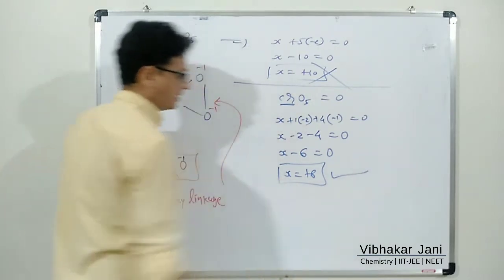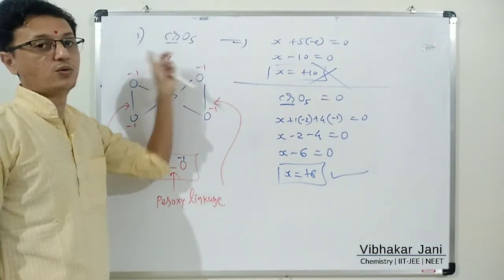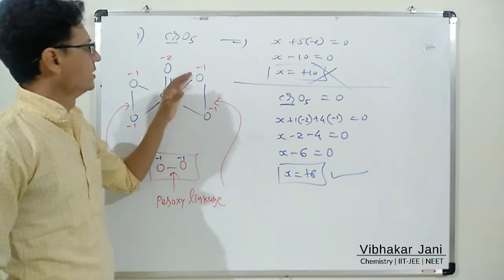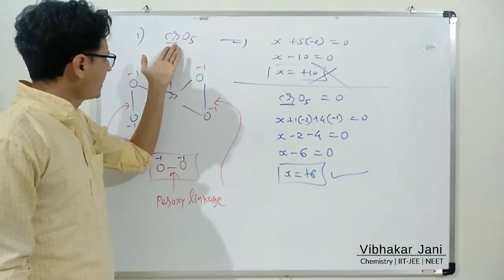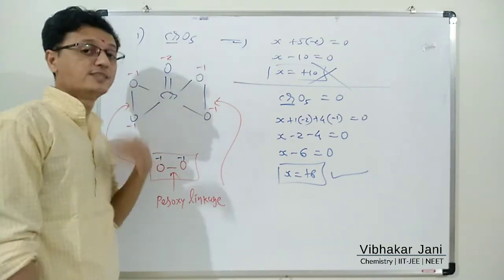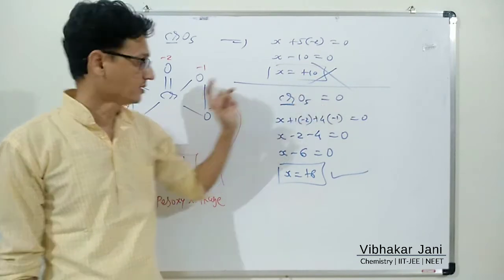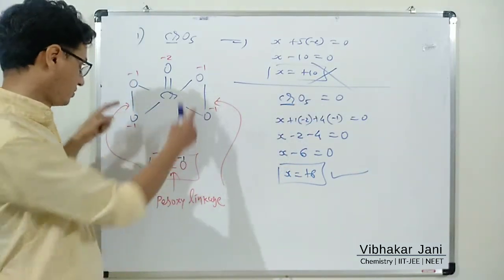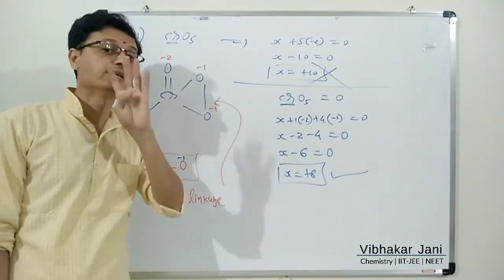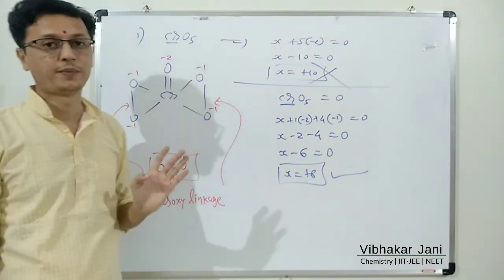Now +6 is the correct oxidation state of chromium in CrO5. If you simply count the oxidation state of chromium by the earlier method without knowing the structure, then your answer will be wrong. But after knowing the structure, there are two peroxy linkages, which means there are 4 oxygens with oxidation state -1.